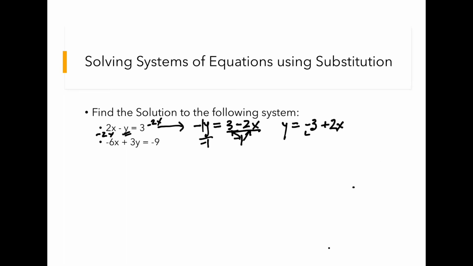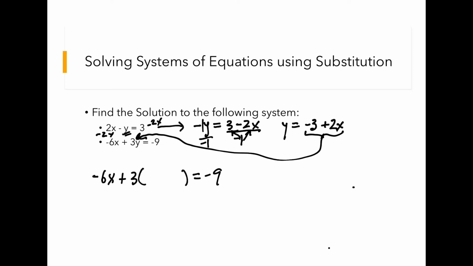All right, so I have my expression for y, which I'm going to substitute into one of the other two equations. So this gives me -6x plus 3 parentheses equals -9. And substituting my expression in there, -3 plus 2x.